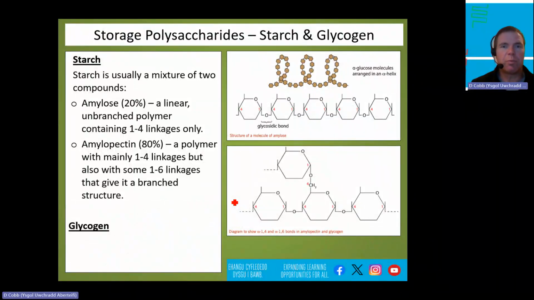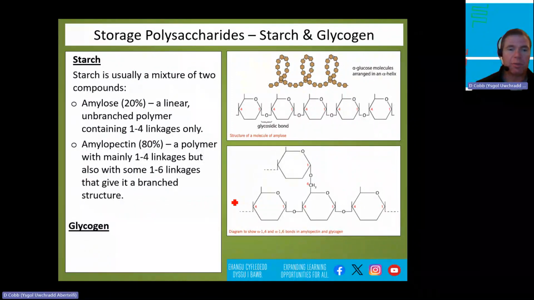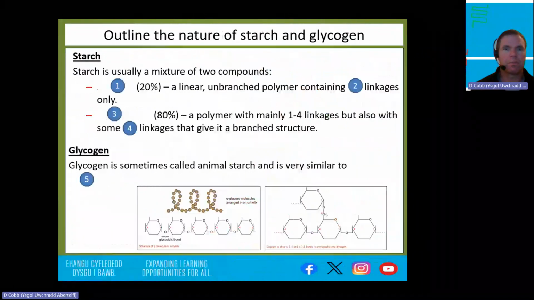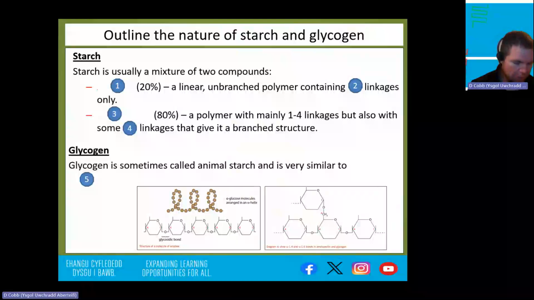Glycogen, the other storage polysaccharide, is actually pretty simple to explain. It's just like amylopectin. It has branches, so it's not linear. It has 1,4 glycosidic bonds with some 1,6 glycosidic bonds as well. Still alpha glucose. All storage polysaccharides contain alpha glucose. Same thing. Welcome to pause, but I'll read on. Starch, a mixture of two components.